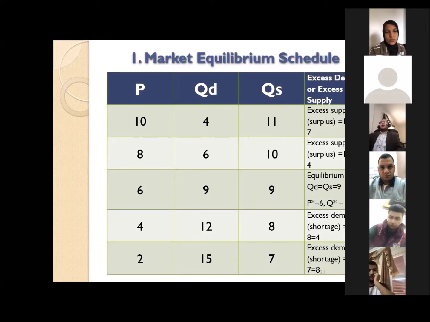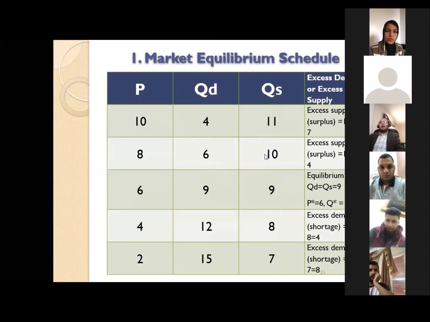So what if the price increases from 6 to 8? In this case, 8 is very expensive for consumers. So they will reduce the quantity demanded from 9 to 6. While, because the price is high, suppliers will raise the quantity supplied from 9 to 10.